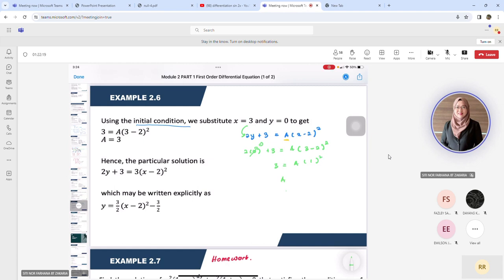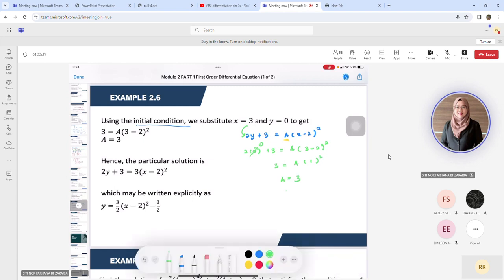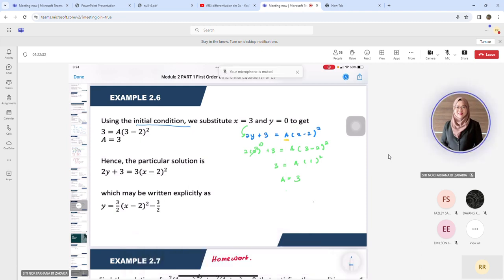So a equals to 3. So your particular solution is 2y plus 3 equals to 3(x minus 2) to the power of 2. Okay?